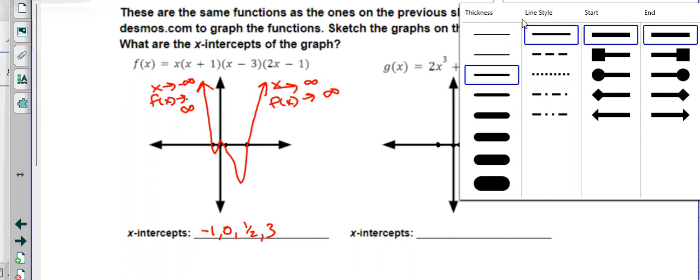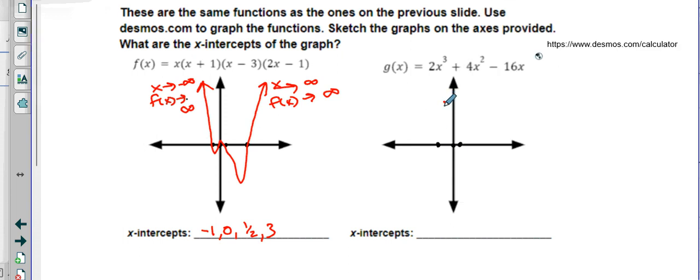So I'm going to start up here and then bring it down. It goes through here, goes down not quite as far, and then it curves back up. It's not supposed to bend like that, but you get the idea.